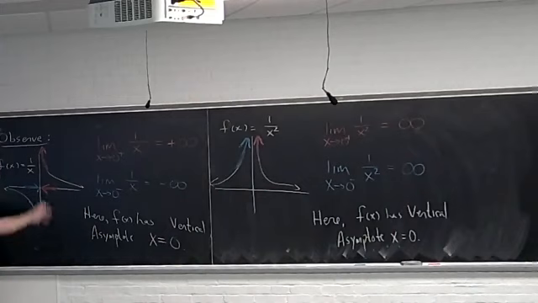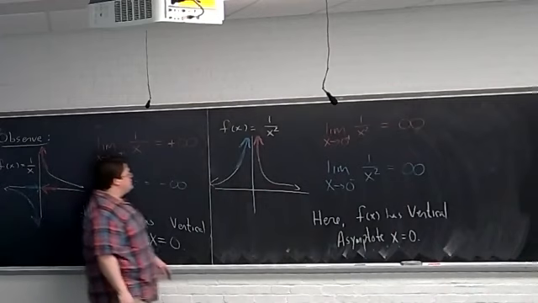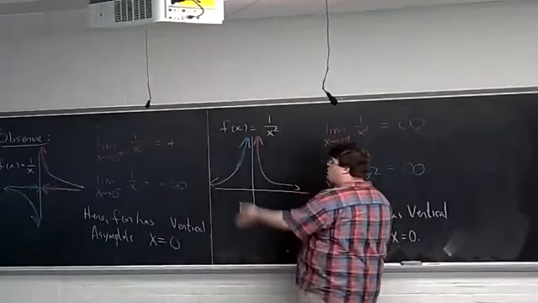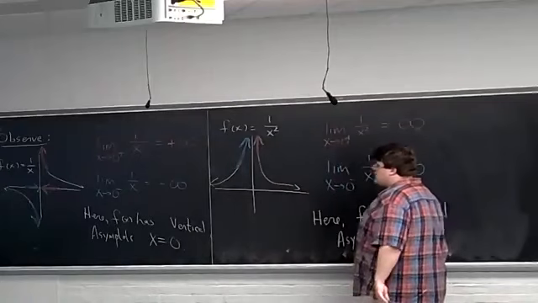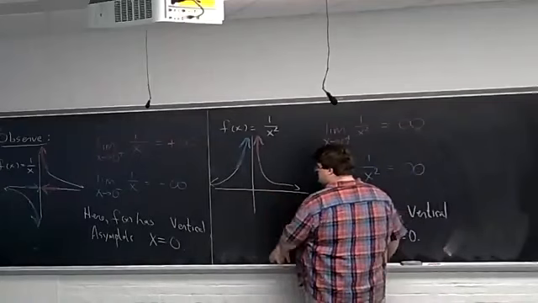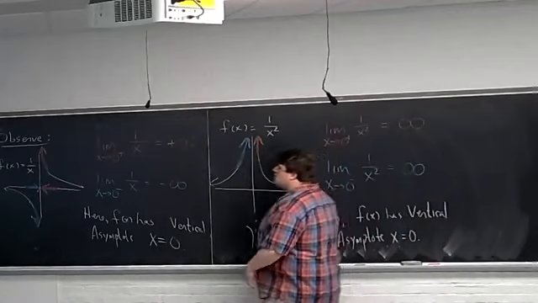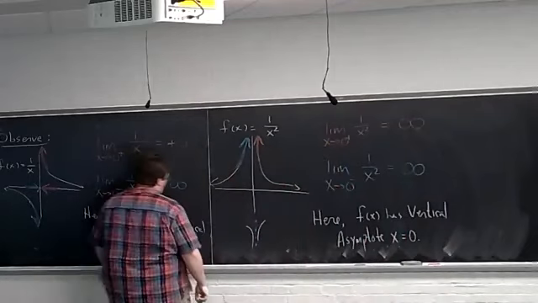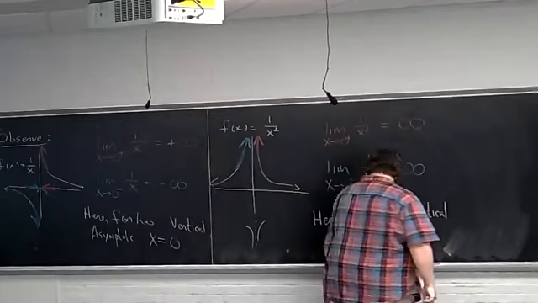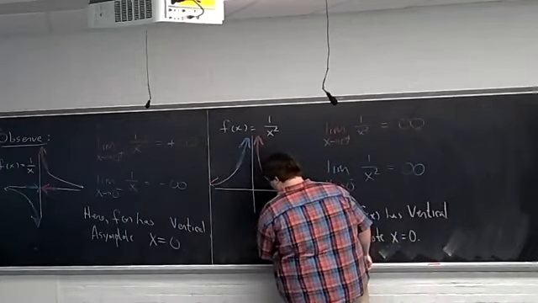They could look like this, where on the one side you have positive infinity, on the other side you have negative infinity. They could look like this, where they both go up. The other two they could look like are, if you flip this over, they both go down to negative infinity, or if these are flipped around. I won't draw those. We'll look at that more algebraically.